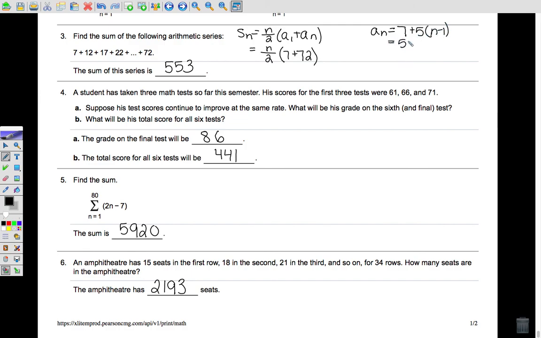So that's 5n plus 2. Where does 72 fall in that? It's the 14th term. So you would just plug in 14 for n, and you will get that answer.